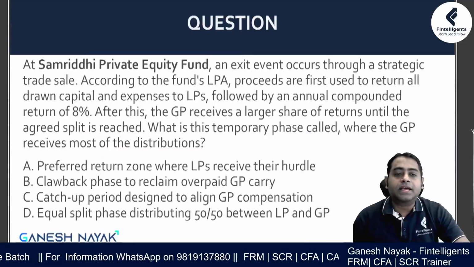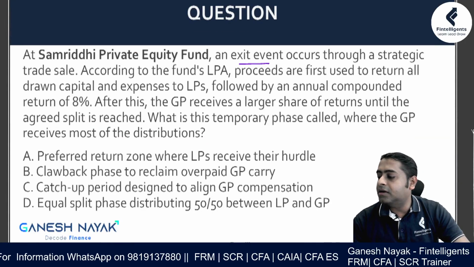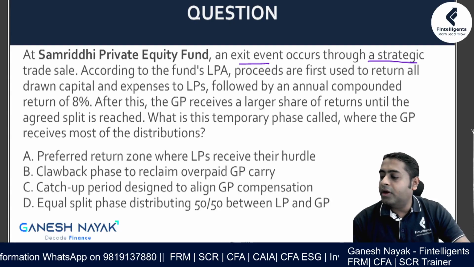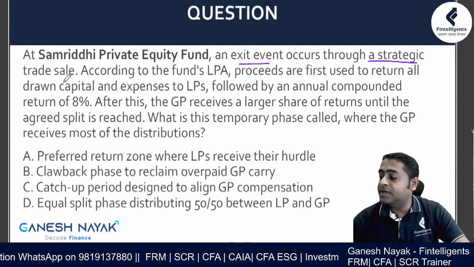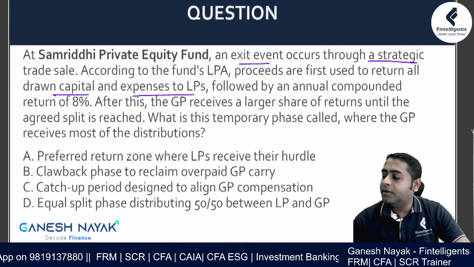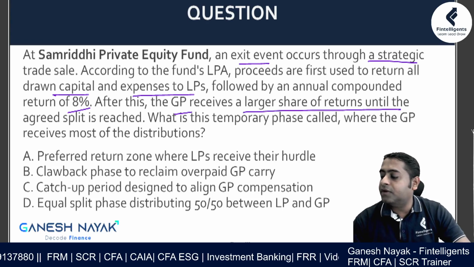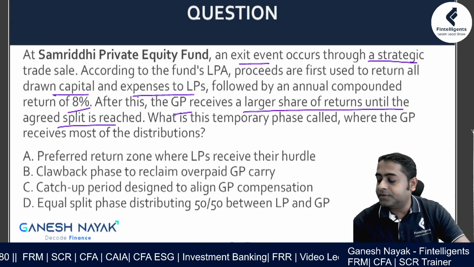Look at the second question. Samriddhi Private Equity Fund, an exit event occurred through a strategic sale. According to the fund's LPA, proceeds are first used to return all the drawn capital and expense to LPs, followed by an annual rate, this is the hurdle rate. After this, the GP receives a large share of the return until the agreed split is reached.